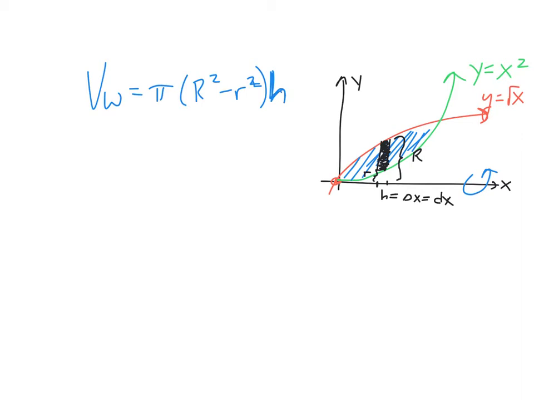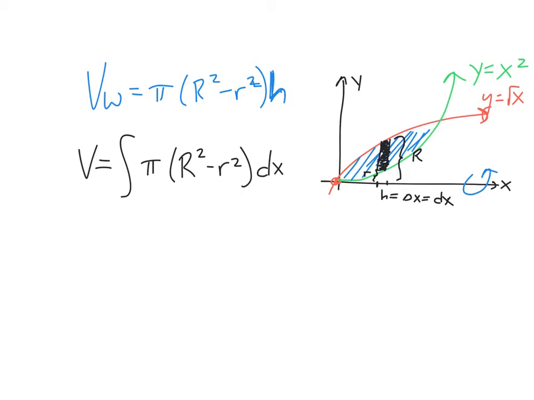Alright, so what we want to do is find the volume of a whole bunch of washers and add those volumes up. So that will be the integral of pi times big R squared minus little r squared, and then for h we're going to use dx.